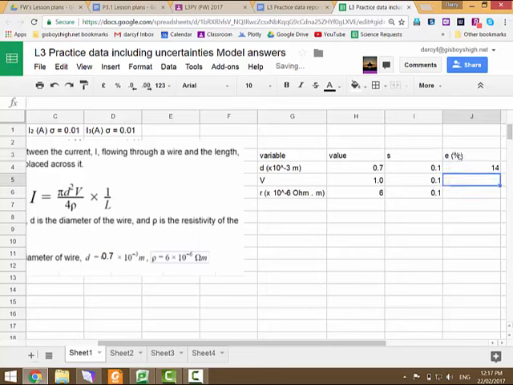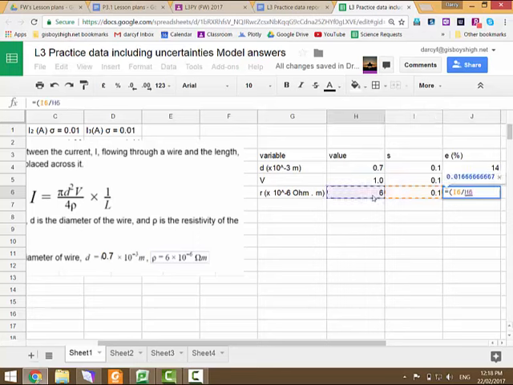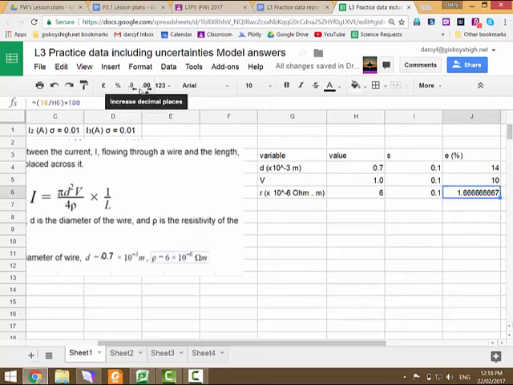Okay, V, so again it's equal to that out of that, to make it a decimal, times 100 to make it a percent. 10% inaccurate. And the same process, the percentage uncertainty in R is that out of that times 100. And take that down to 2 significant figures as well.